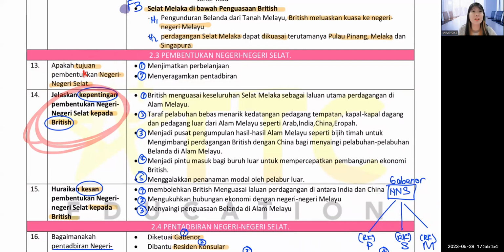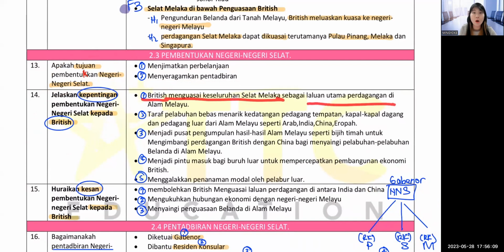What is the importance of Negeri-Negeri Selat towards British, guys? What's the importance? First, you can say British take over the whole Selat Melaka as the main road of business.